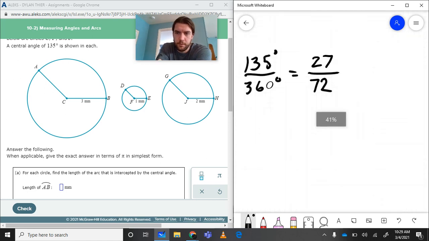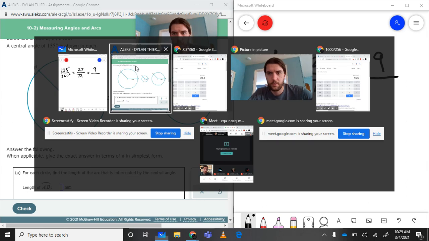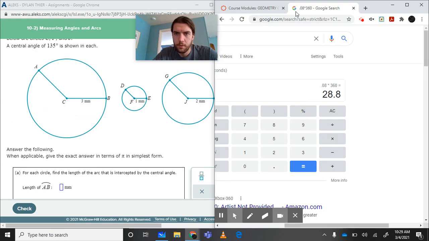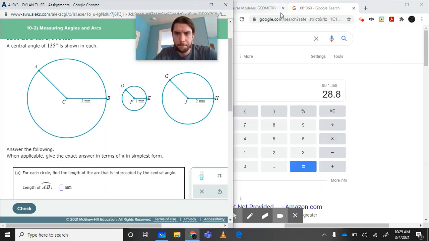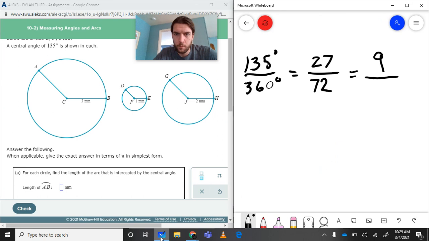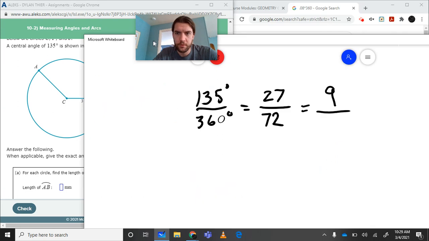I believe that's correct. If I divide that by 3 on the top and bottom, I would get 9. And what would I get here? 10. Let me see if that actually reduces. What are my numbers? 27 over 72.